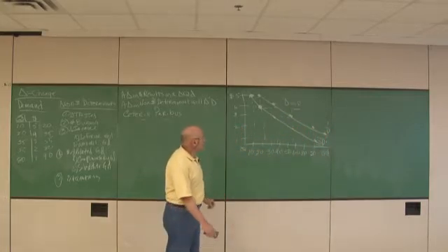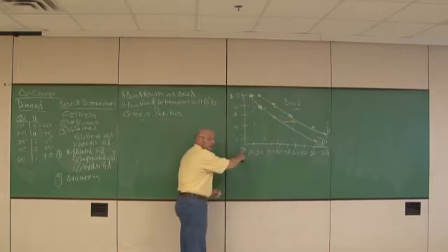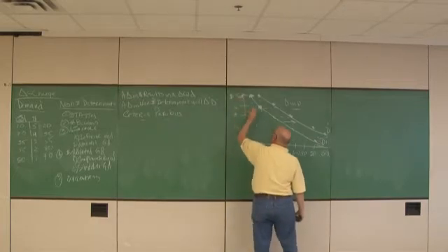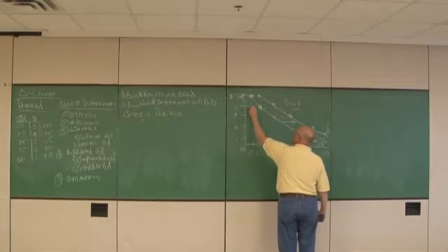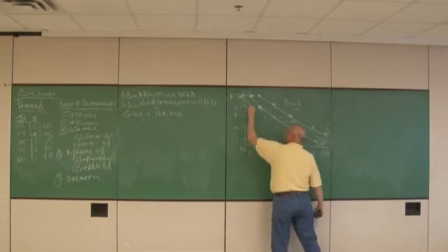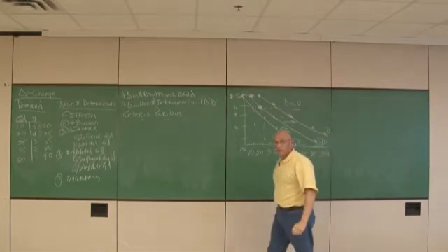In this case, my demand curve moved to the right, away from 0, and we say that my demand curve has actually increased. Subsequently, my demand curve could decrease at each price. We'll call this D double prime. It moves closer to 0.